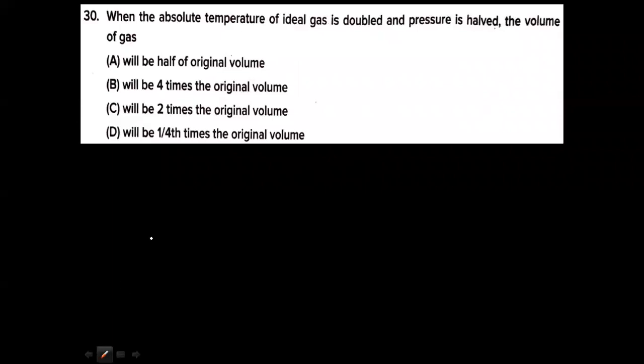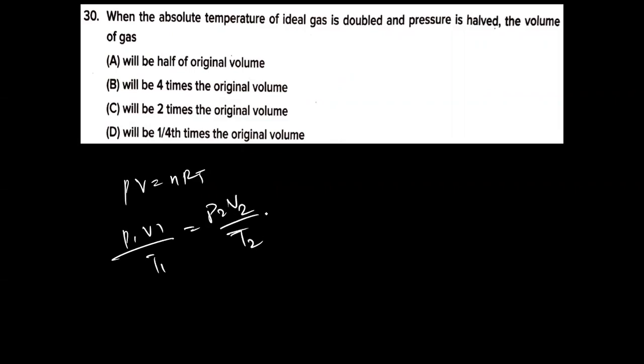30. When the absolute temperature of an ideal gas is doubled and pressure is halved, the volume of the gas is. So it's just PV is equal to nRT. Let's apply the ideal gas equation. So P1V1 divided by T1 is equal to P2V2 by T2.